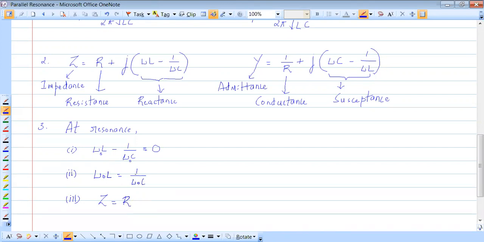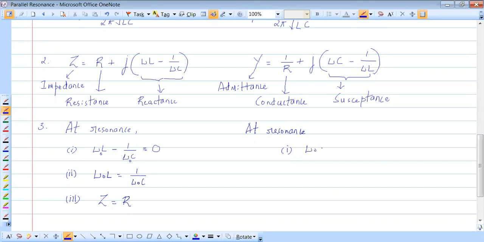So this is what is happening. Fine. The same analysis we shall take here. At resonance, what all would be true here? First one, the susceptance is going to be 0.